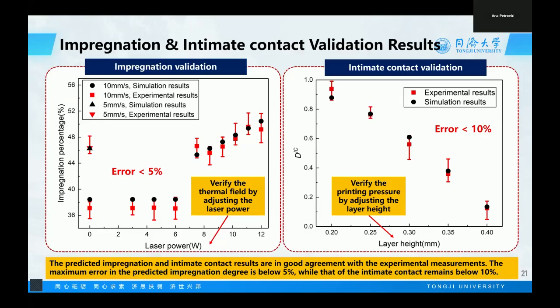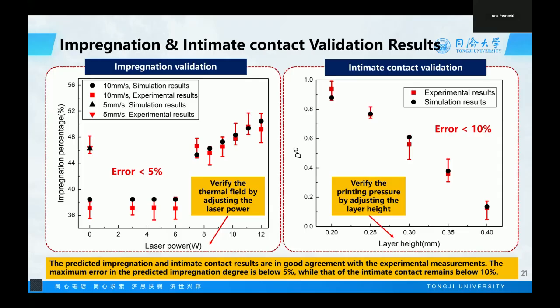And next is the impregnation and the intimate contact degrees validation. And the impregnation process is mostly affected by the thermal field. So we verify the thermal field by adjusting the laser powers. And the intimate contact process is more sensitive to the printing pressure. So we verify the printing pressures by adjusting the layer height.